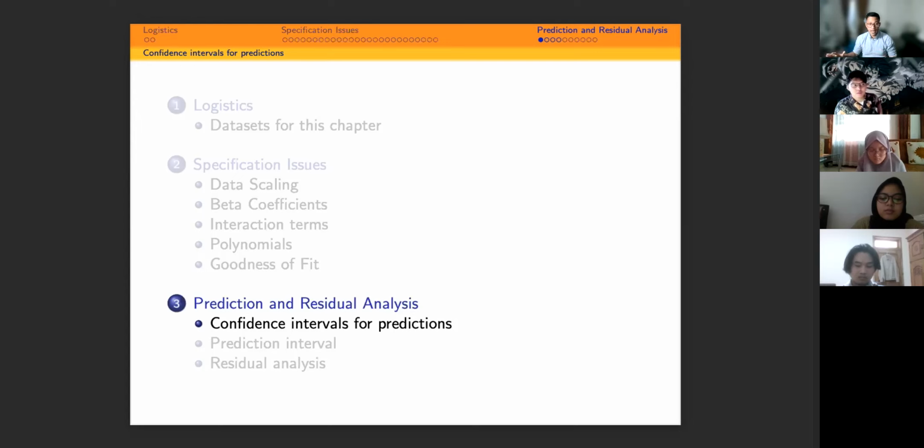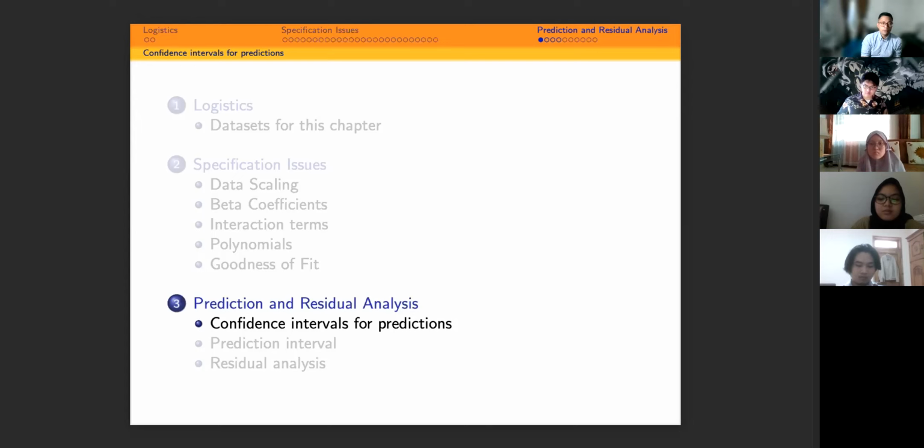Given that information and the estimated coefficients taken from the regression, we can actually predict the wage of the individual, okay? It's not going to be the precise wage, but it's the wage predicted by the model.